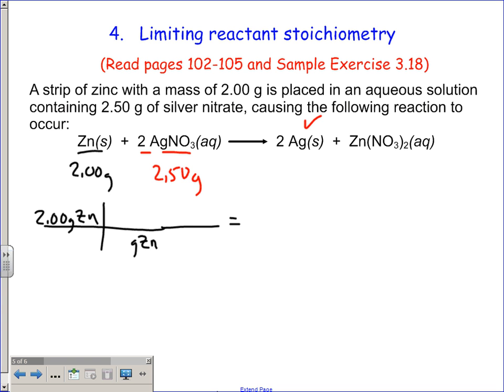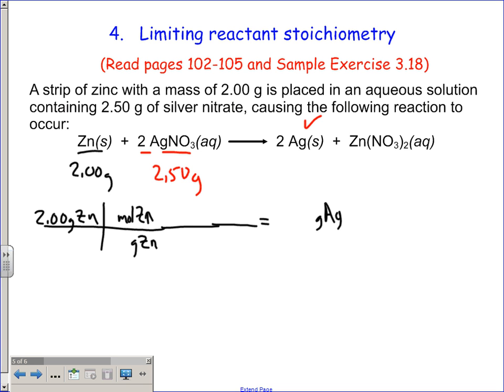It'd be nice if we knew the mass of silver. I don't want grams of zinc, I want to get to silver. Well, I can't get from grams of zinc directly to grams of silver. I don't have a relationship that helps me do that. But I can get from grams to moles of zinc using the molar mass.